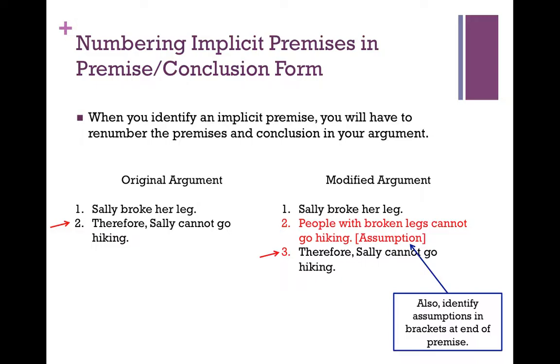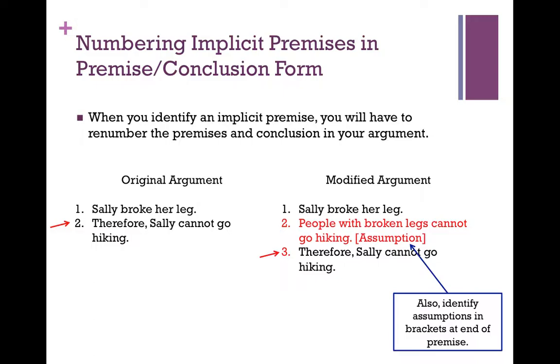If you start using uppercase assumption or lowercase assumption, just do it the same throughout. Having said that, I'm pretty bad about remembering to do that always myself. But going back to the larger point: when you identify an implicit premise, you will have to change the numbering, and it is important to have your conclusion listed as the largest number at the bottom.